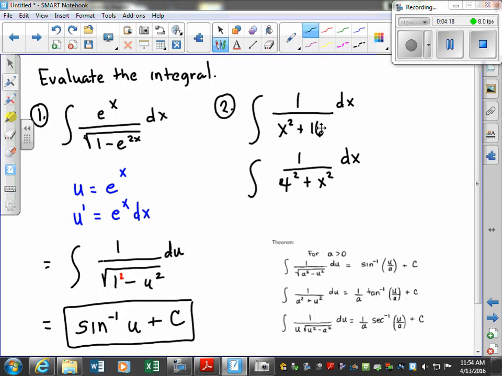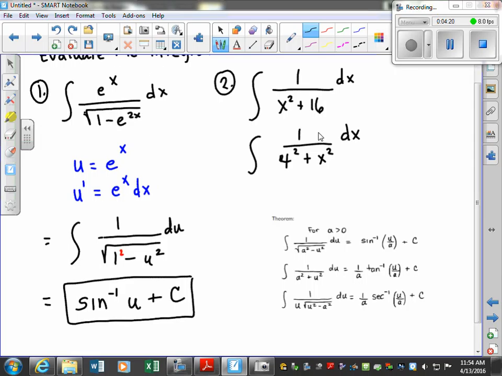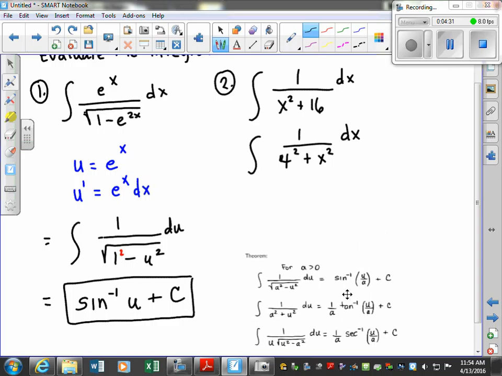dx, or you could change it to the u there. What would our a and our u be in this case? The a would be 4, and the u would be x. So we can rewrite this as tan inverse. It's going to be 1 over a.